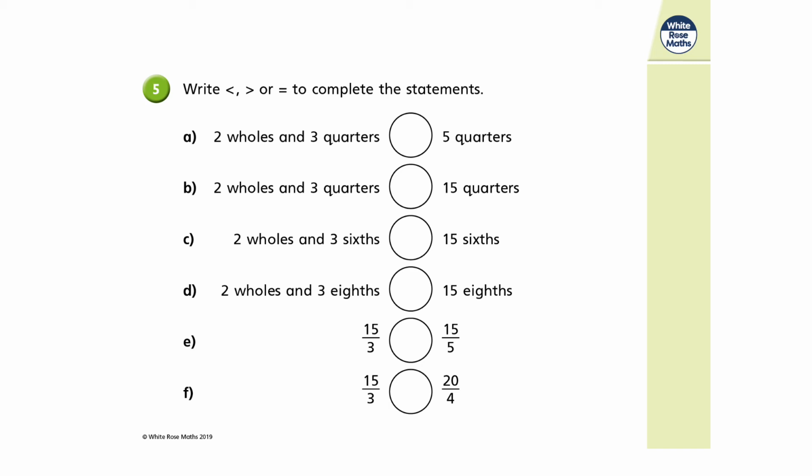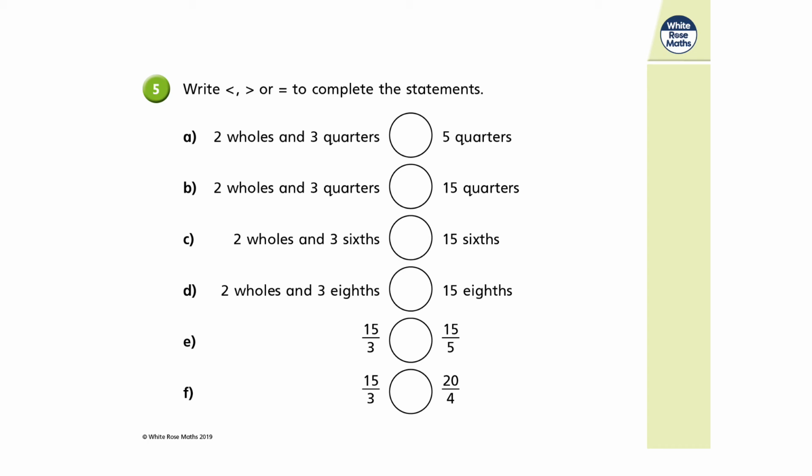Okay, number 5. To do this one, using the less than, greater than, or equals, you will need to draw each of those bars. Okay, so you've got 2 wholes and 3/4. So what would you divide your bar into? You need to divide it into quarters.